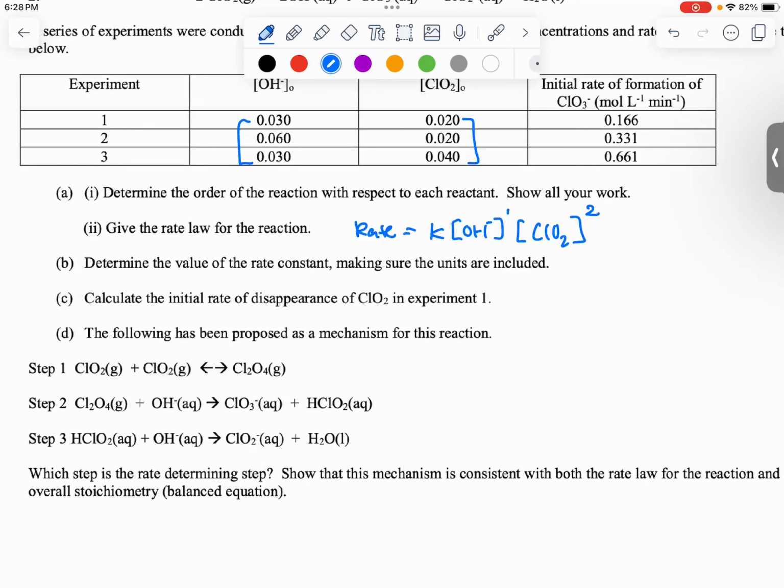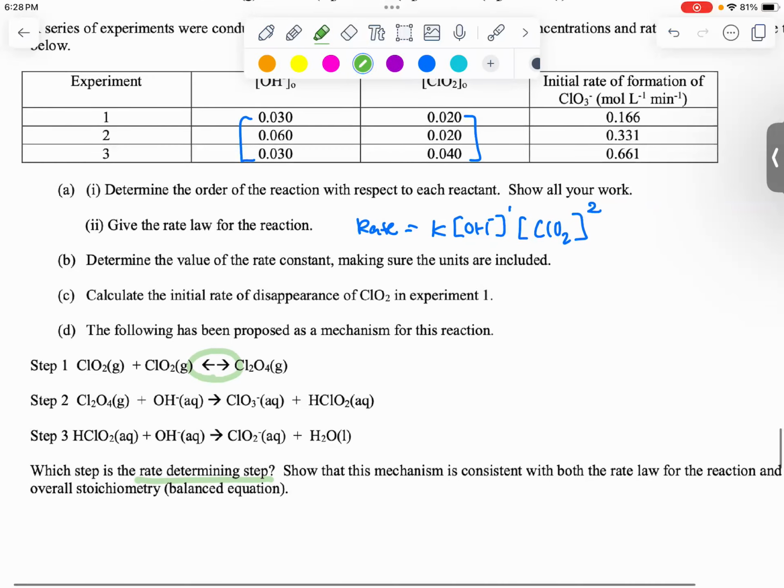All right, now this is the harder part. Now, let me break this down a little bit more. Not only do you have to find out the rate determining step. Something's going on right here. Oh, it's equilibrium. No, it's a reversible reaction. Both are correct. Okay, so now how do we tell?